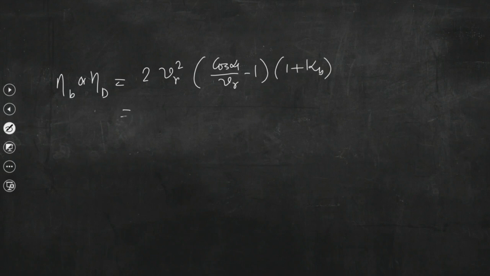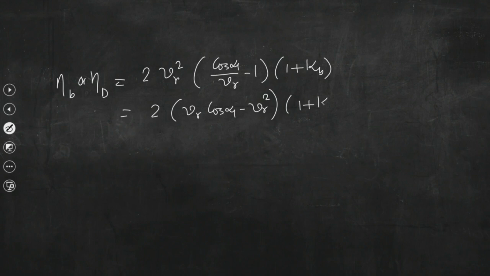So, we can write that is 2 into Vr cos alpha 1 minus Vr square into 1 plus Kb, right. So, what we can see is that this is the diagram efficiency or blading efficiency, and this expression gives us an estimate about the energy transfer.